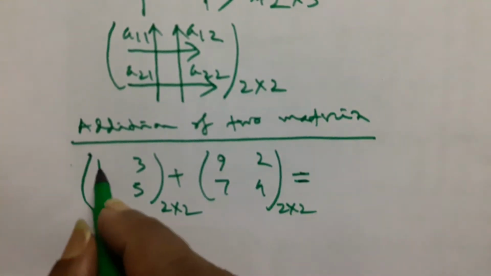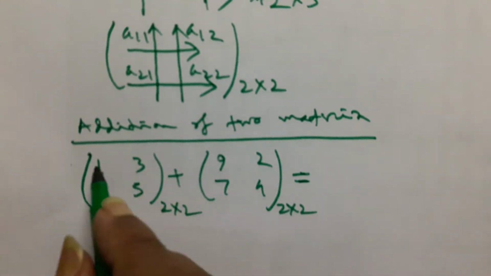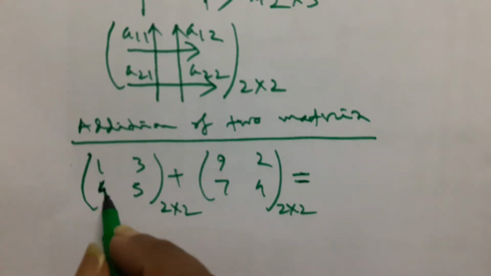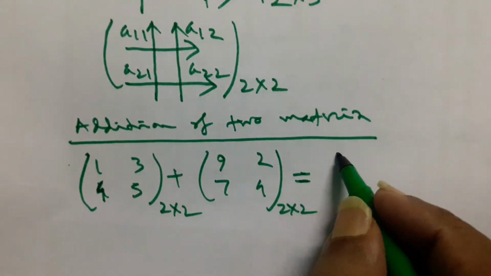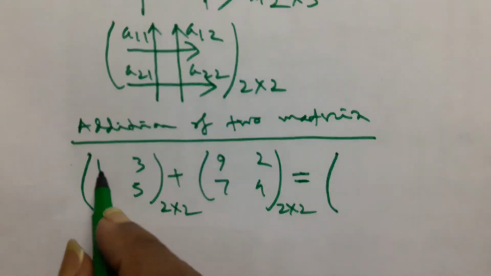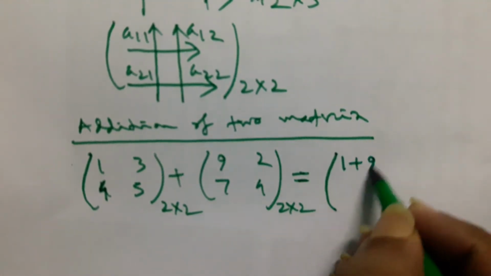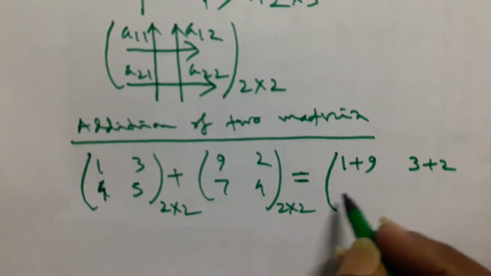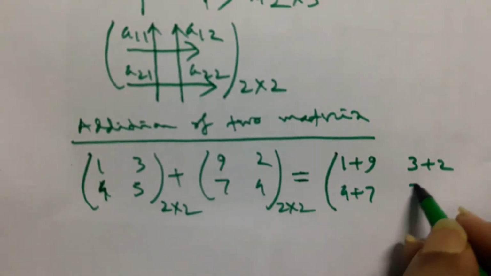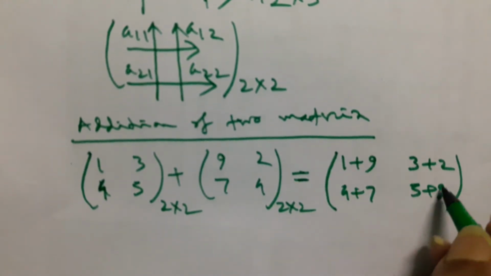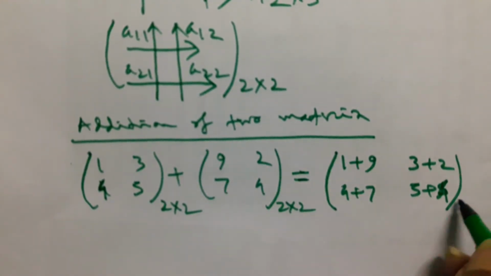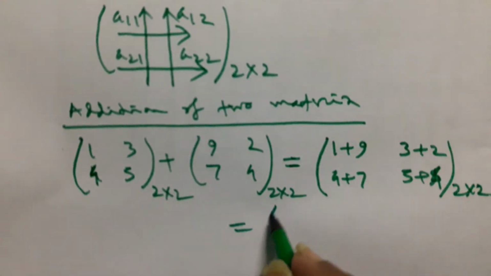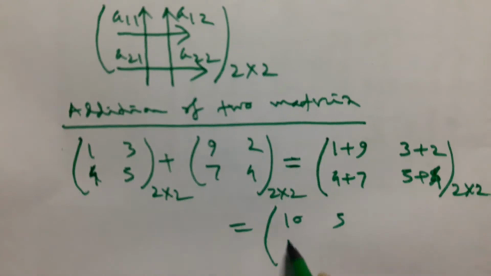Otherwise addition is not possible. The must criterion for addition of matrices is that both have the same order, and elements in the same position will be added. That is, 1 plus 9 will be added, not 1 plus 2. Here 3 plus 2, 4 plus 7, 5 plus 4. So the result also has order 2 by 2, and that will be 10, 5, 11, 9.